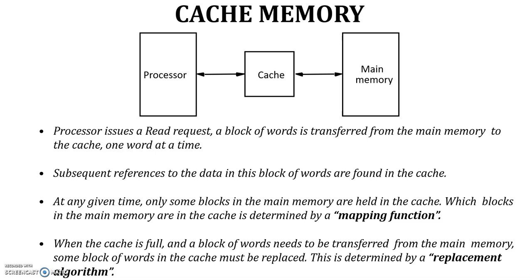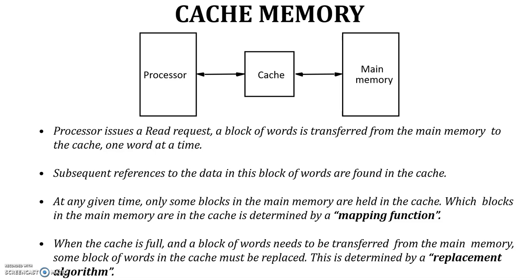So to execute an instruction, when a memory fetch is done, the processor has to wait to get data from the memory or to write data to the memory, because the speed of the memory is less compared to the speed of the processor. To overcome that issue, we came up with the concept of cache memory. The cache memory will be a faster memory than the main memory.